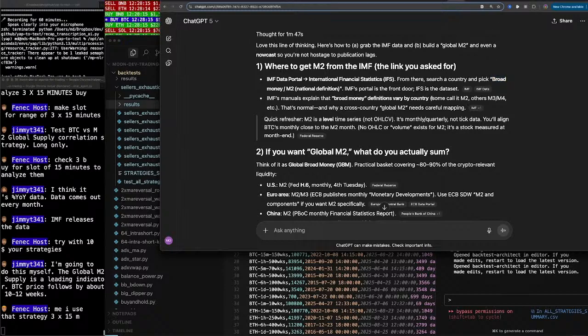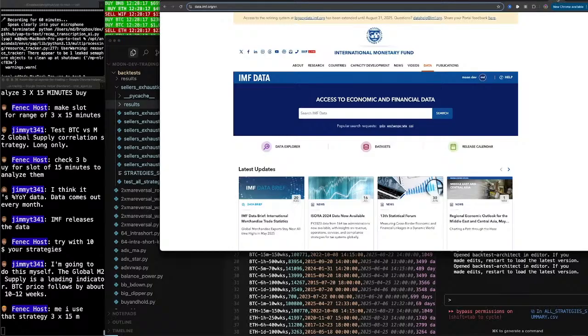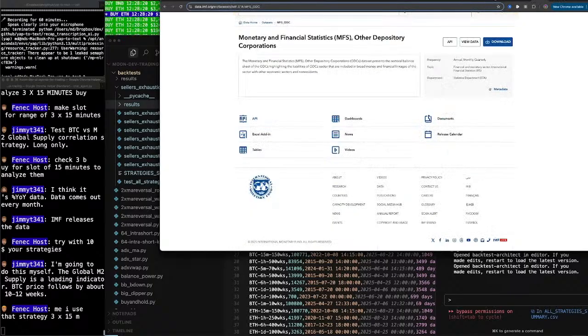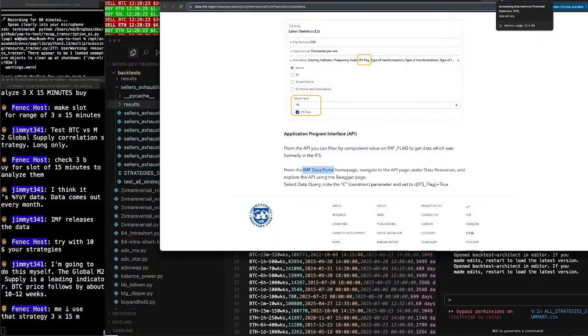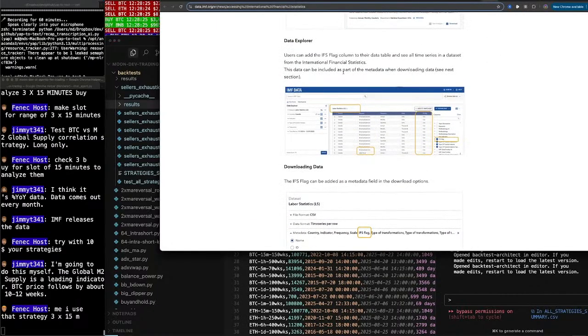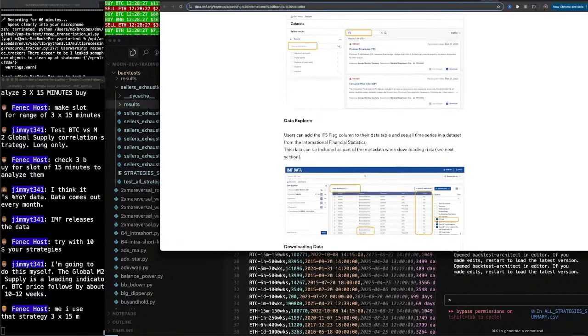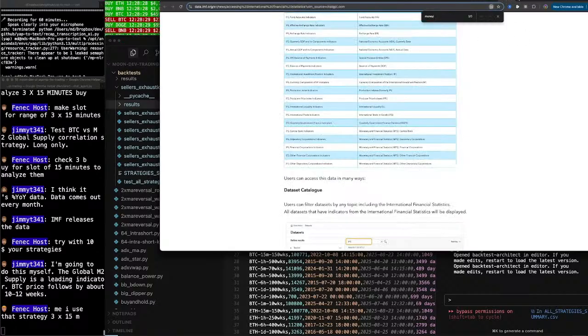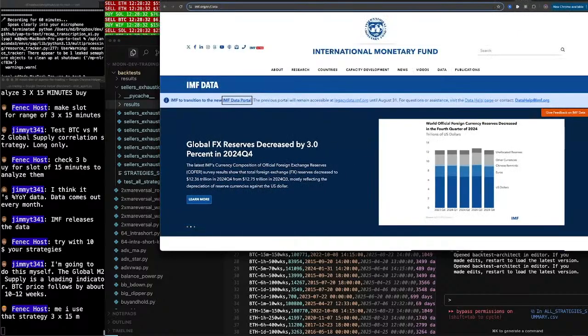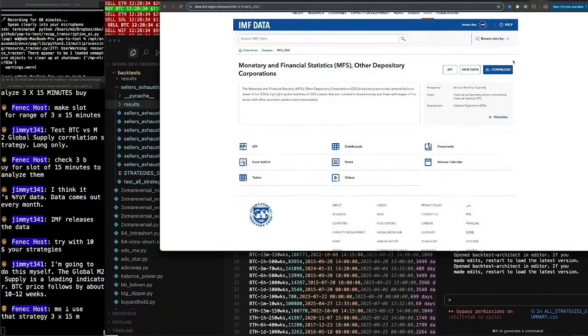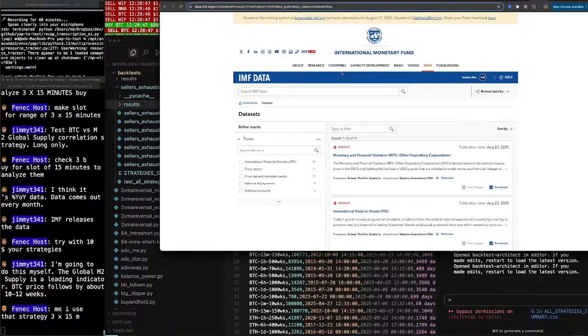So maybe I'll just type in monetary and financial statistics, other. So let's go back to data sets here. And maybe I'll just type in M2. M2 money supply.